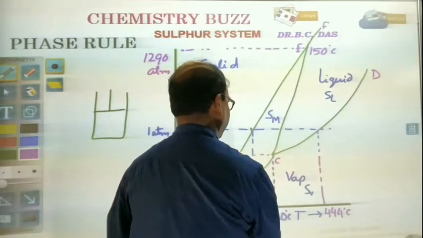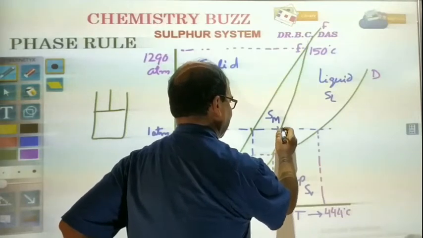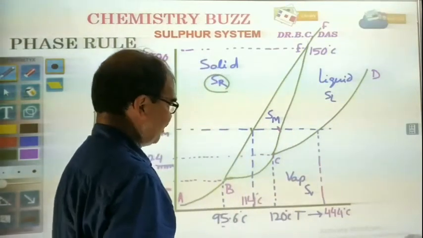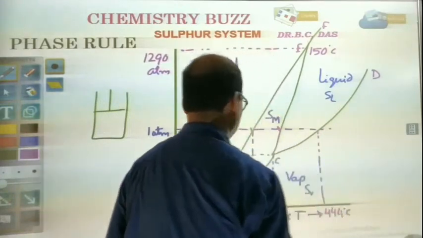Then, if heating is continued, the temperature will rise up to this point, and here it will stagnate as the monoclinic sulfur changes to liquid sulfur. Okay.